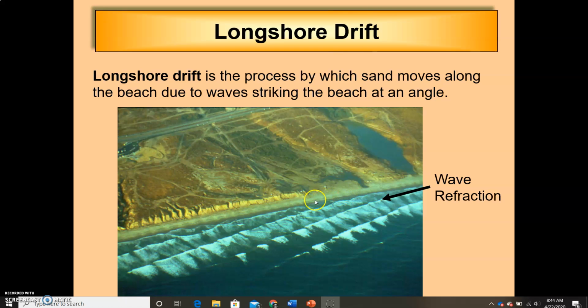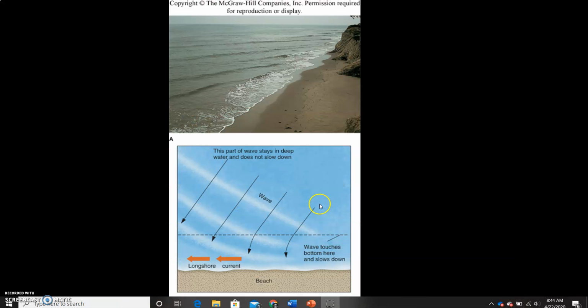So you get more erosion of the beach, the coastline, due to longshore drift. The waves are refracted as they approach, or are bent towards the coast.